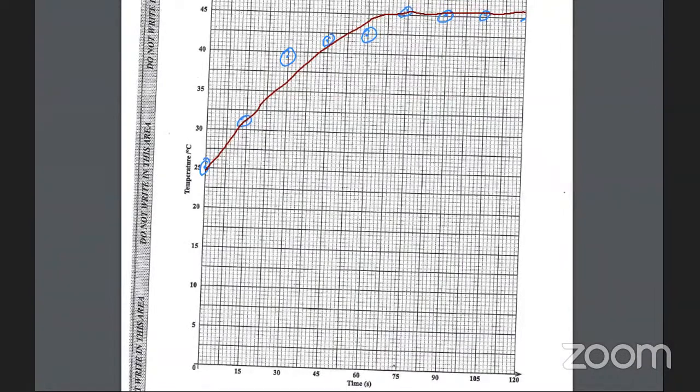So the temperature change would be the highest temperature minus the lowest temperature. The lowest temperature would be the 33, and the highest temperature would be the 46.5. They use the lowest temperature and the highest one.